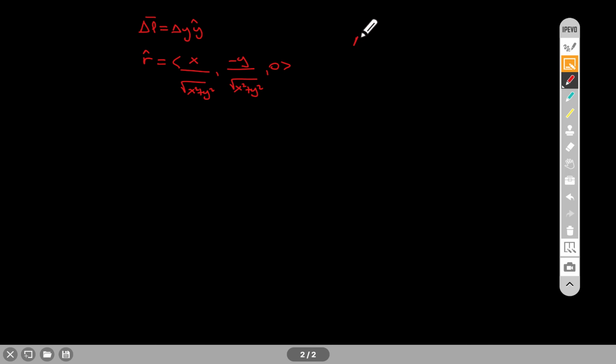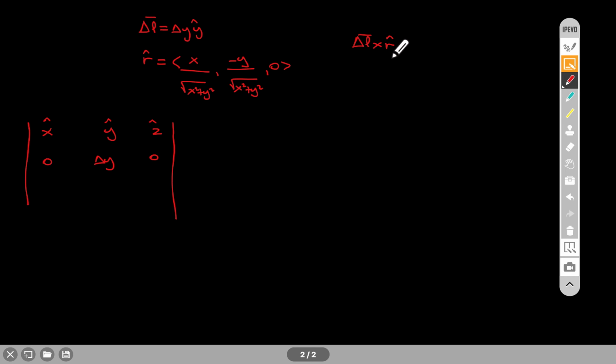Now what we wanted to find is delta L cross r hat, and I can show you what that determinant looks like. You got on the first row x hat, y hat, z hat. Now the second row will have the xyz components of the first vector of the cross product, and that will be the delta L. So that will be a 0, delta y, and 0.